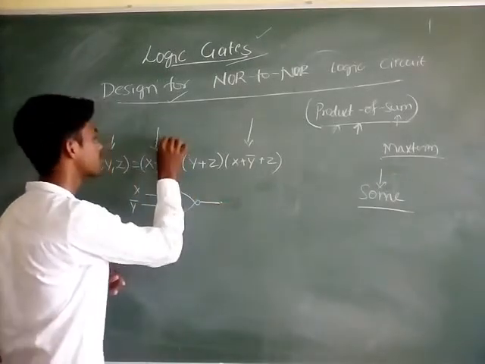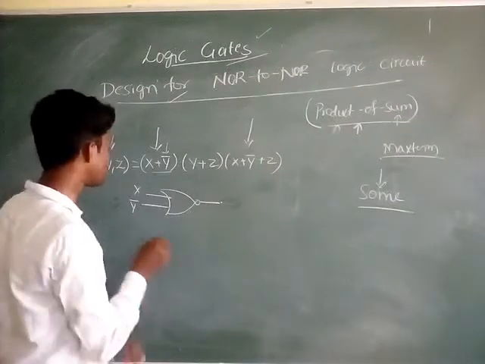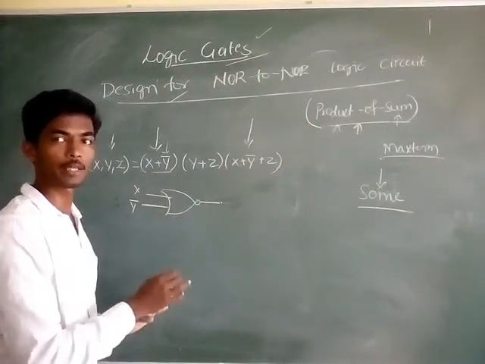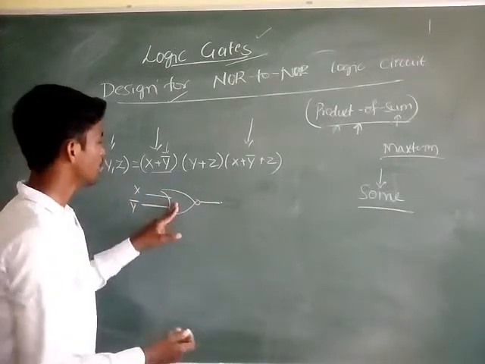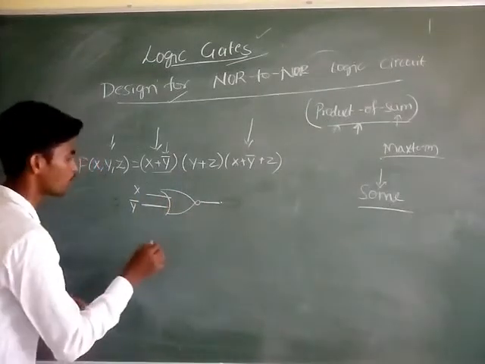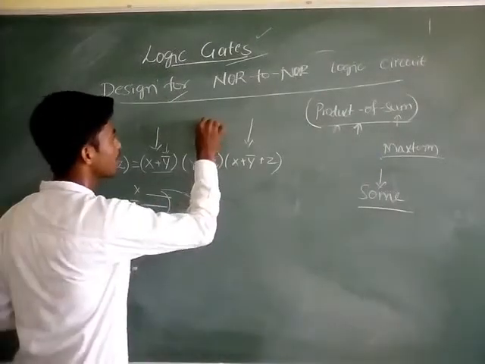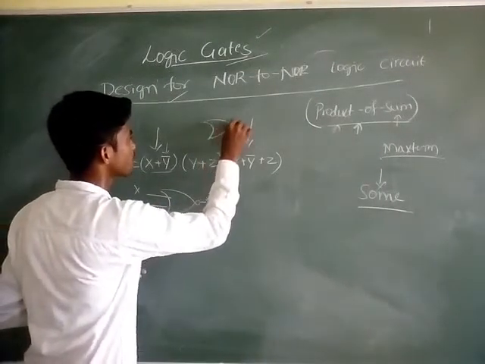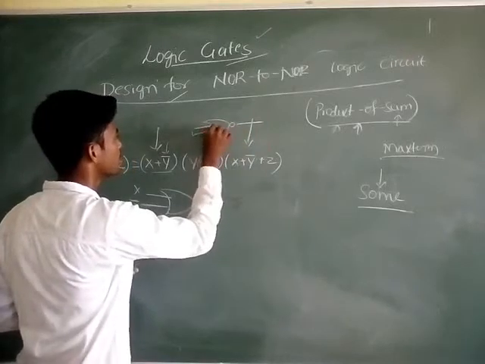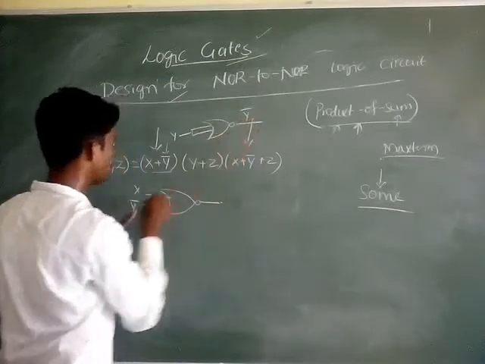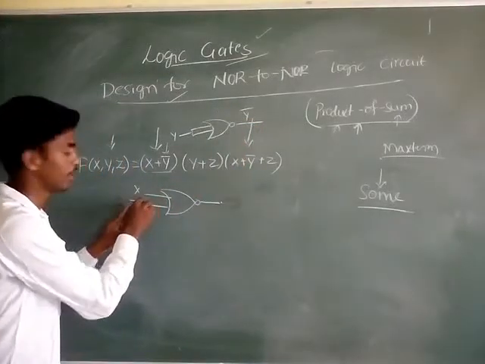Commonly they will provide y complement directly as an input, otherwise you can use the NOR gate for that also. There is no problem. When you use the NOR gate for y complement, it will be like this. Here you provide y, and you will get y complement. You can keep it here.